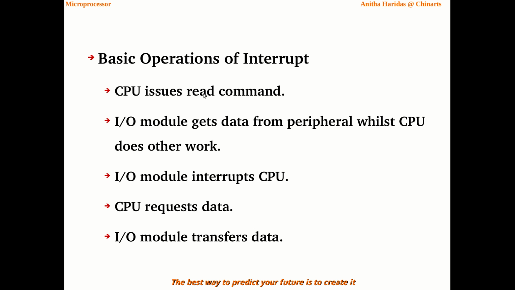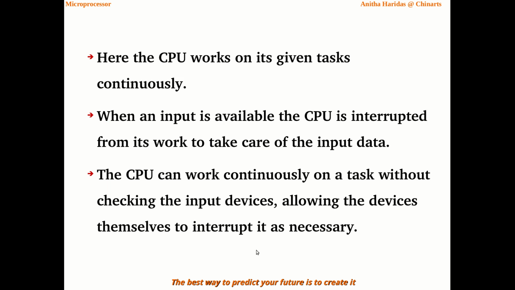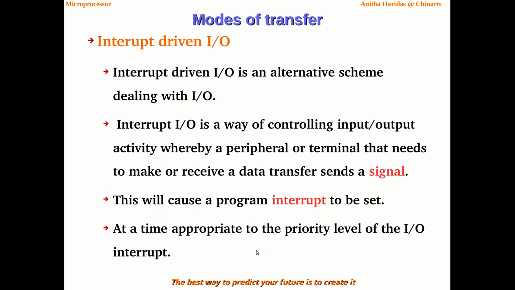If it is a read command, the input-output module gets the data from the peripheral, and by that time the CPU will do some other task. When the input-output module gets the data from the peripheral, it will interrupt the CPU. Then the CPU will request the data from the interface unit, and the interface unit will transfer the data.